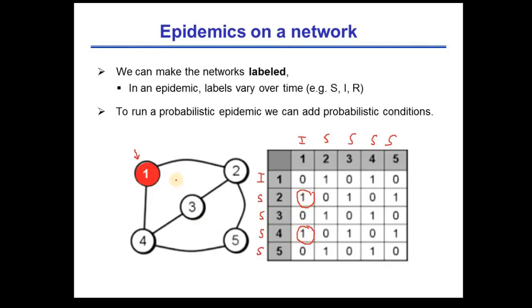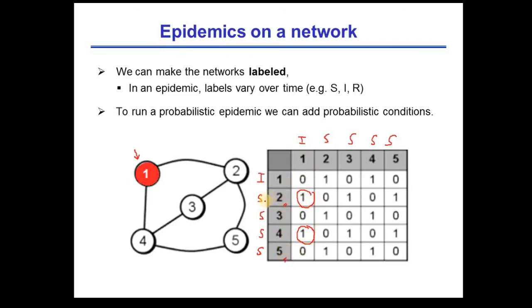Now it's a small network, so you can track it from the network itself, but when it becomes a big network with 10,000 nodes, it will be hard for you to track down from the network picture, but it's very easy to track it down from the adjacency matrix. So you track how many people are connected to this particular node and who are those people. That is the more important point in the network approach, right?